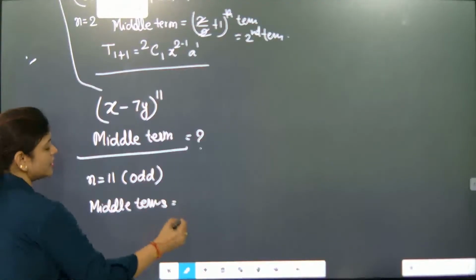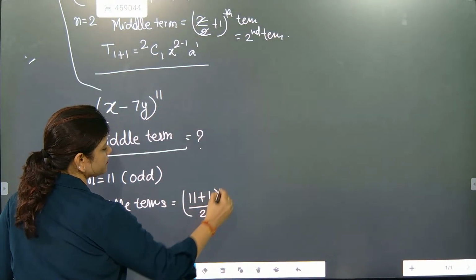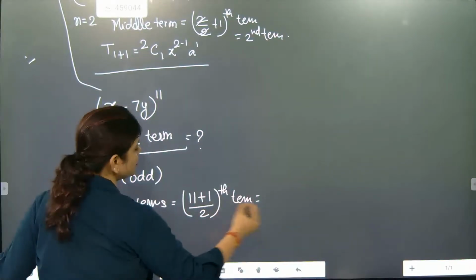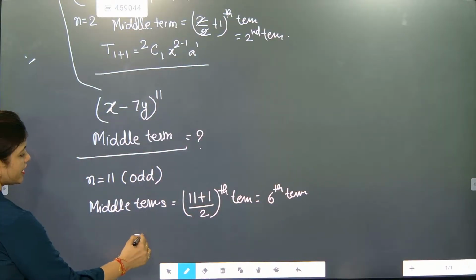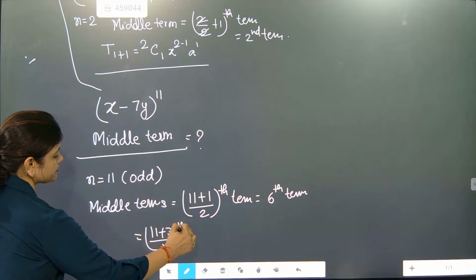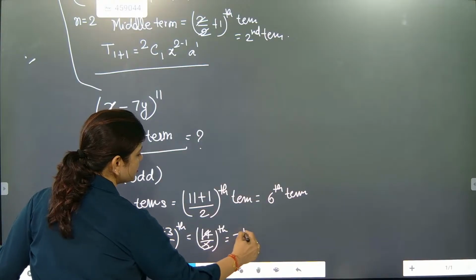Middle terms will be the 11 plus 1 by 2th term, that is 12 by 2, the 6th term. When you are writing the 6th term, how are you going to find it? Then the second middle term will be the 11 plus 3 by 2th term, that is 14 by 2, the 7th term.